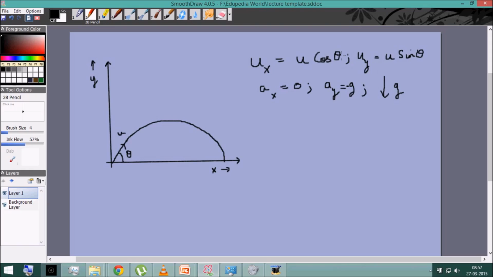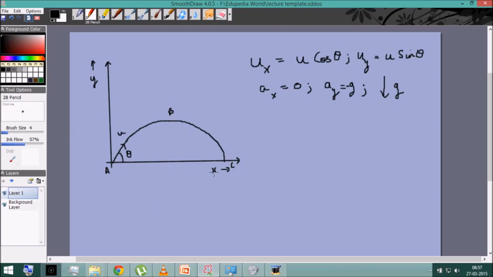What is ax and ay? ax will be 0 and ay will be minus g. And this is because the acceleration is g in the vertically downward direction. So its x component is 0 and its y component is minus g, because we've taken the vertically upward direction to be positive.